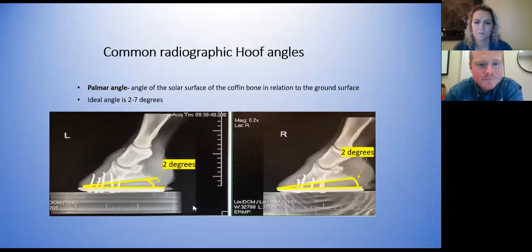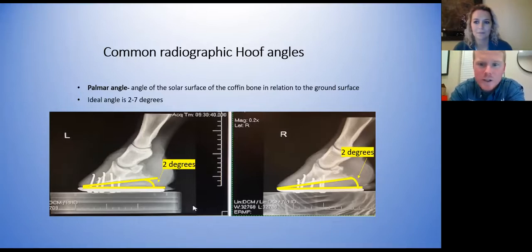It's right there. So the angulation is imperative because then you have a well-balanced foot. For me, the palmar angle you'd want in a natural hoof is between 2 and 7 degrees, okay? I think in terms of overall performance, around 3 degrees is where you want to shoot for.